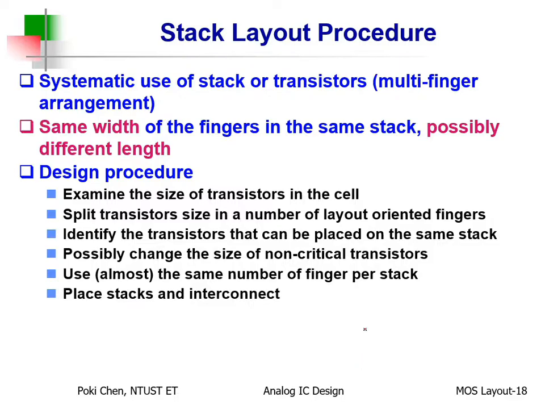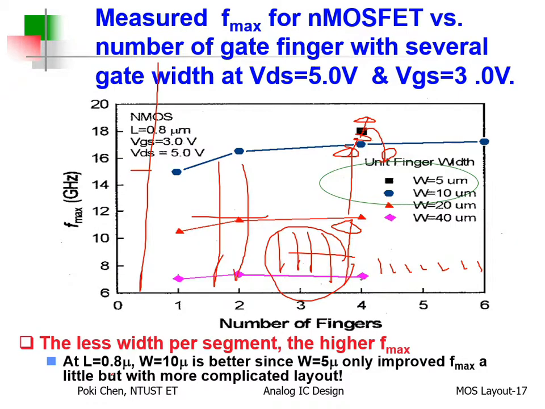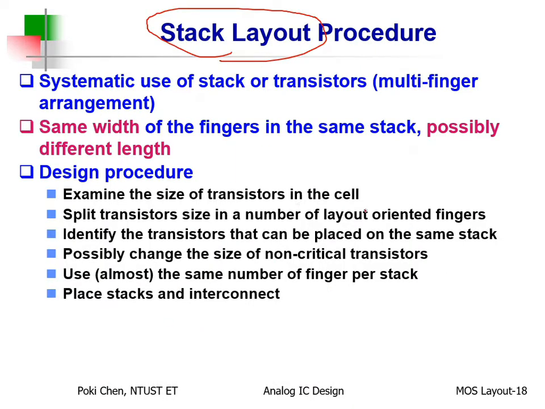Okay, allow me to show you the procedure for stack layout, I mean for multiple transistors instead of a single one. How can you stack the layout for many transistors? We hope they have the same width.